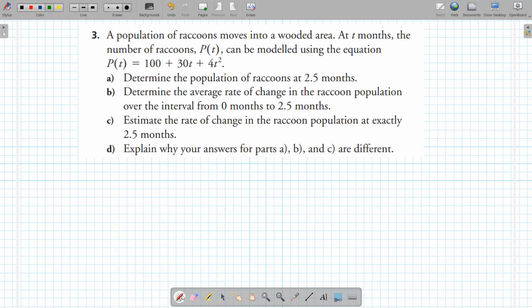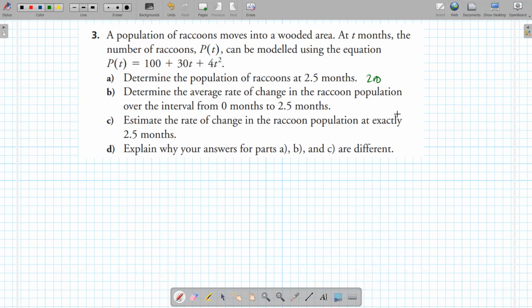You plug in 2.5 as t. So 100 plus 30 times 2.5 plus 4 times 2.5 squared. I get 200. Nice even number, 200.